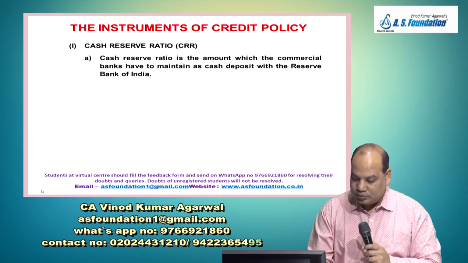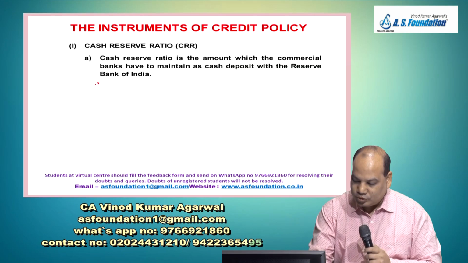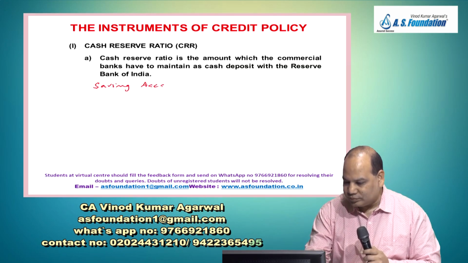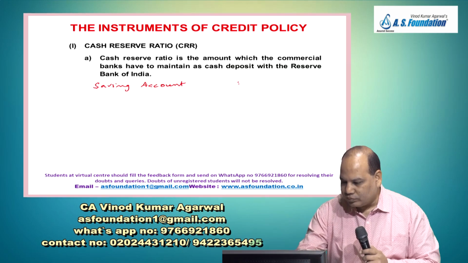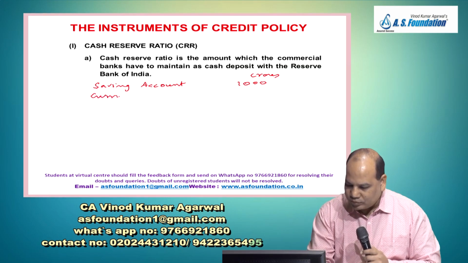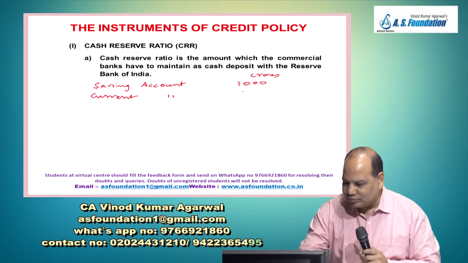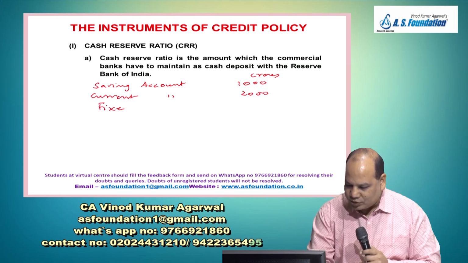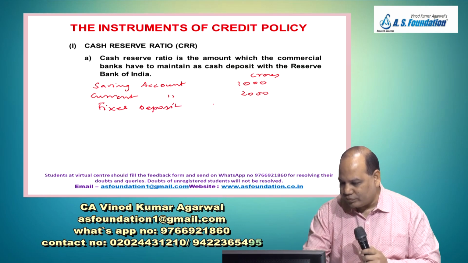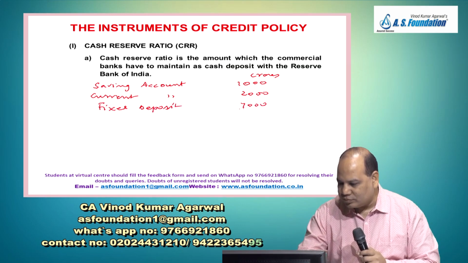Say for example, your saving account deposit is 1000 crore. Current account is 2000 crore. And fixed deposit is 7000 crore.